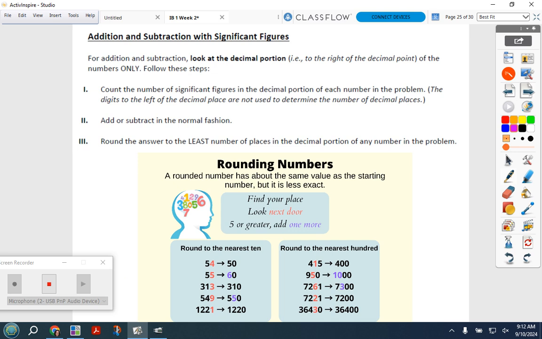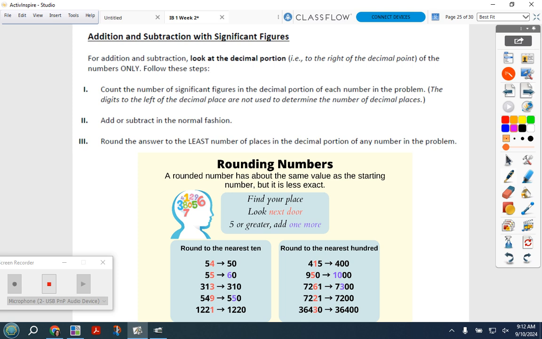For addition and subtraction, this is different. It's not the total number of sig figs that we care about. It's where the decimal point is. So you're going to line up the decimal points on your numbers and figure out how many decimal places you have.